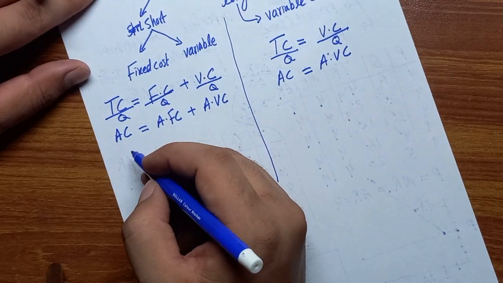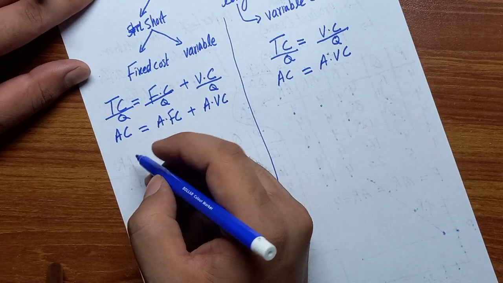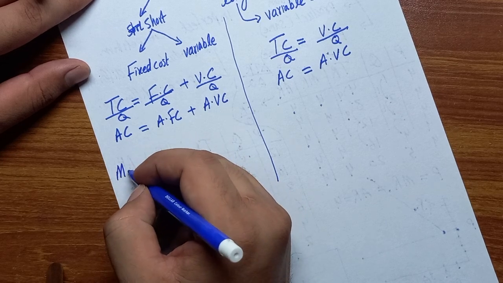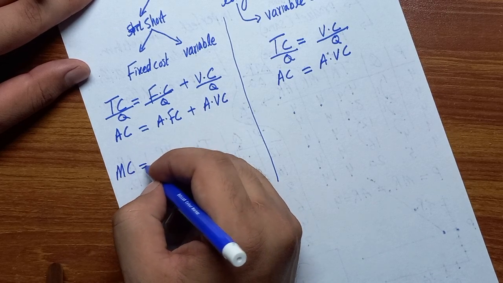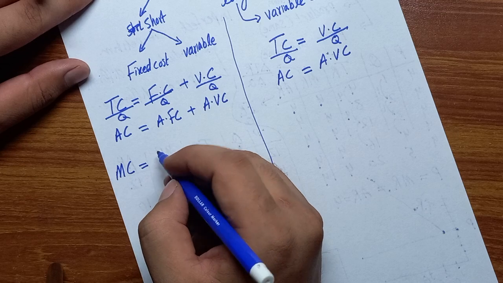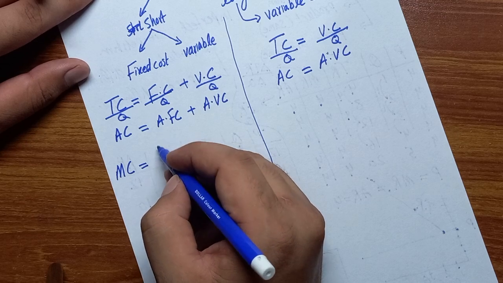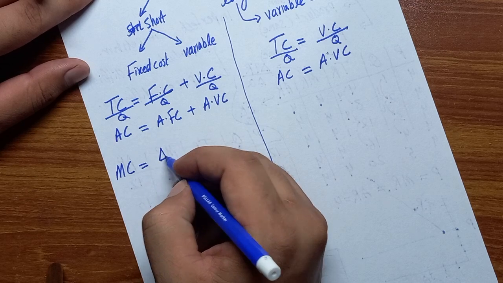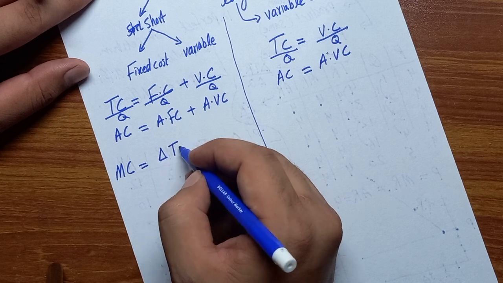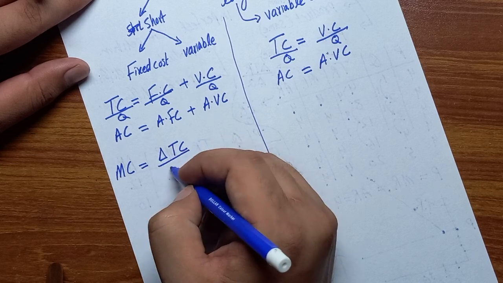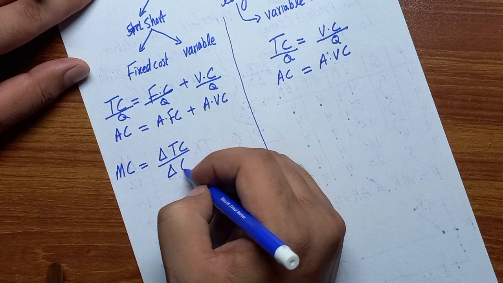Now, how can we find the marginal cost? To find marginal cost, we know that it is the change in total cost divided by change in quantity.